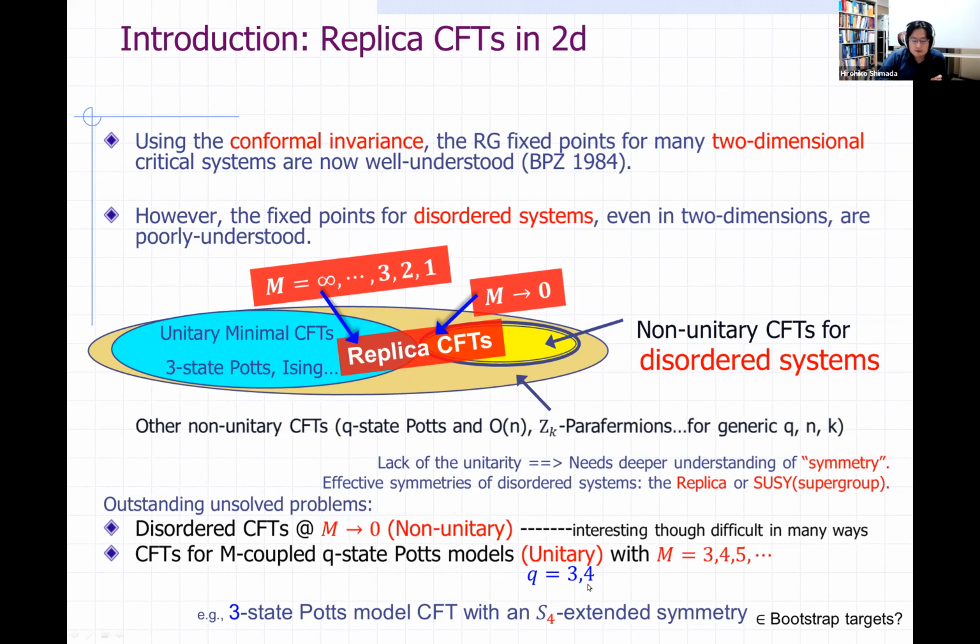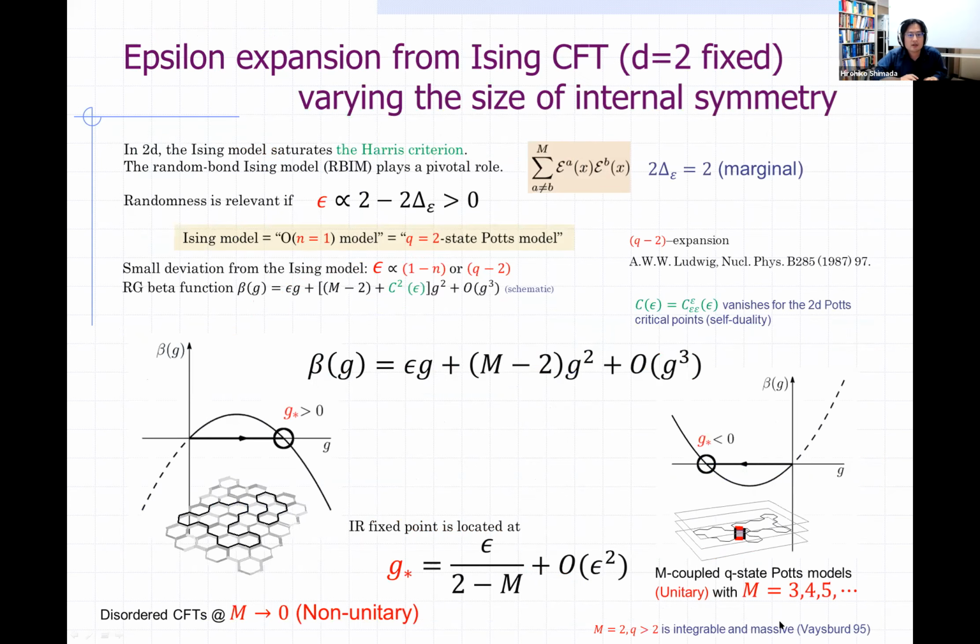For Q equals 3 or 4, these are unitary, and we have a series of CFTs for M equals 3, 4, 5, and so on. The typical CFTs are like this: the 3-state Potts model CFT with an S4 extended symmetry if M equals 4. It can be a bootstrap target. It's unitary. But let me start with the M equals 0 part because it's easier to introduce.